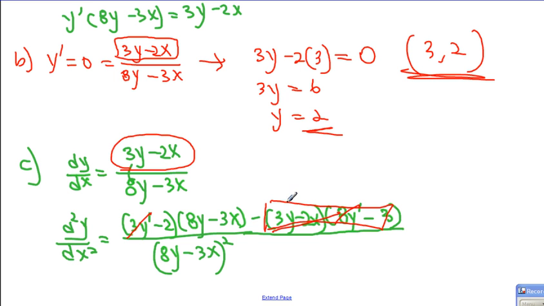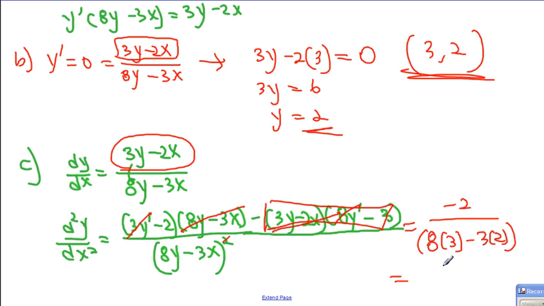Now, the only thing that we have to do is this. Notice another thing here, 8y minus 3x is common here, and then negative 2. So this cancels out with one of the factors, and at this particular point, we end up getting negative 2 on top, on the bottom, 8 times y, which is 3, minus 3 times x, which is 2.